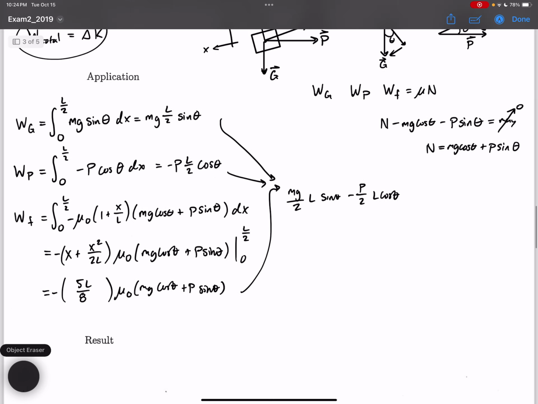That makes sense. So we're going to have negative 5L/8 times that whole thing, μ mg cos θ + P sin θ.